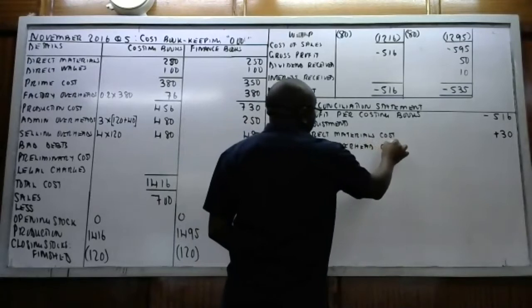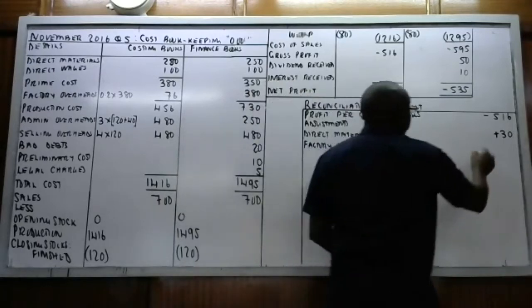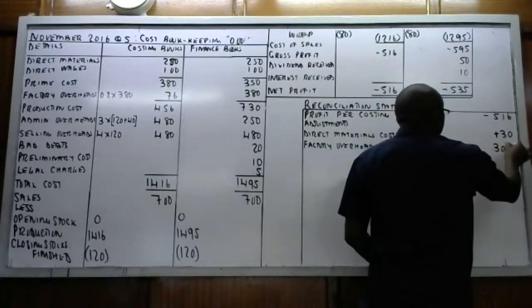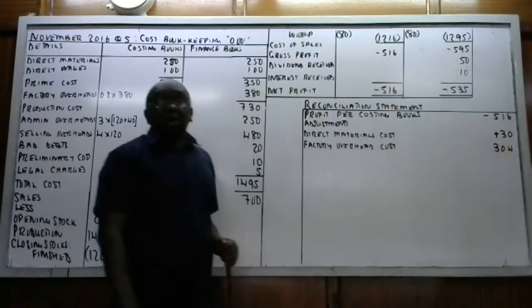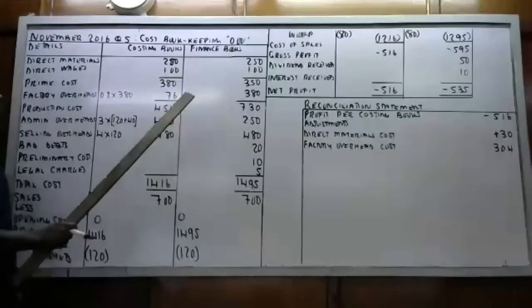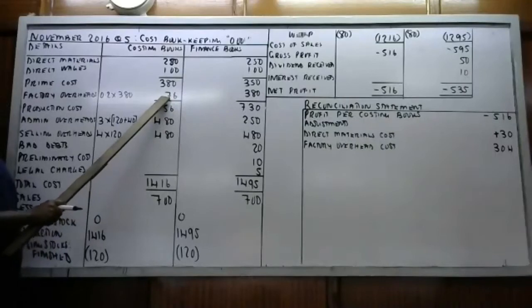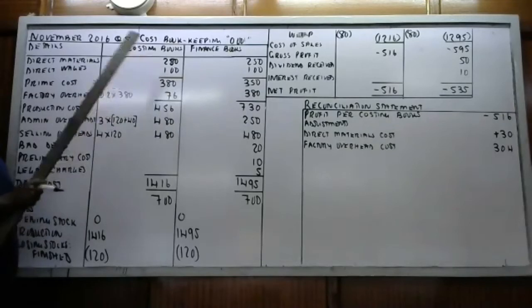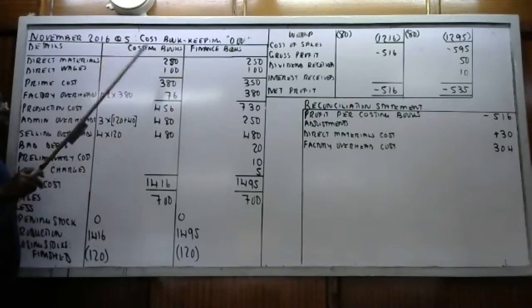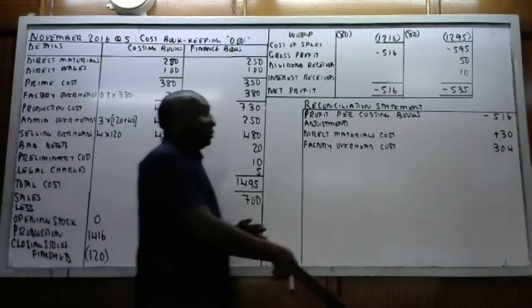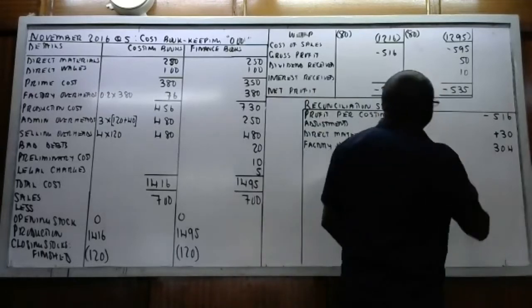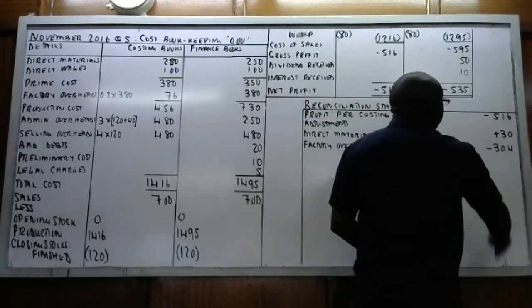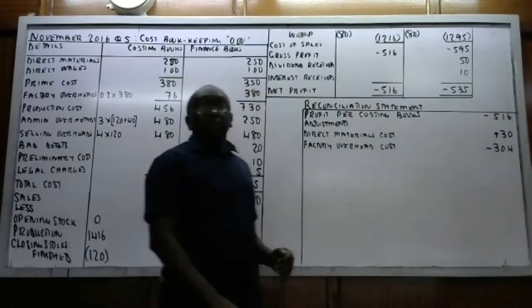The difference ni 4. So what the cost people did, when you charge a smaller amount of expenses, cost profits go up. So to bring it down, you're supposed to subtract.